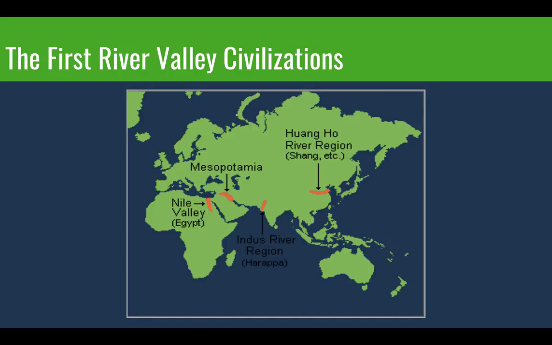In Egypt, the Nile River Valley, the Nile River. In India, in the cities of Harappa and Mohenjo-Daro, they were found in the Indus River region along the Indus River. And in China, the earliest Chinese civilization developed along the Yellow River of China. And so we sometimes call it the Huang Ho civilization or the Yellow River Valley civilization.